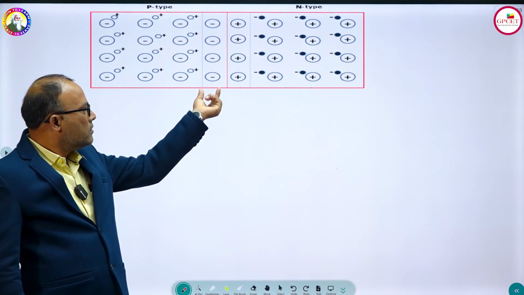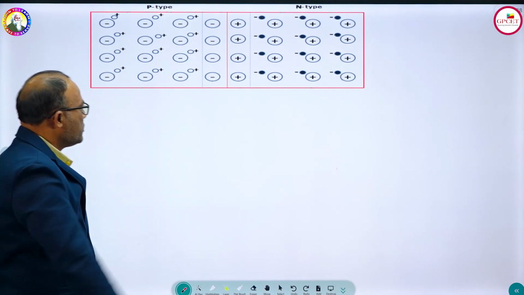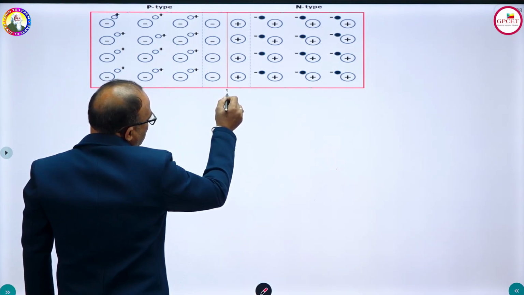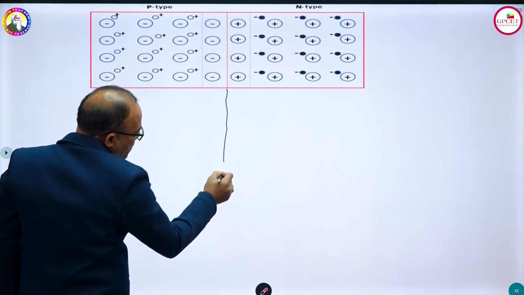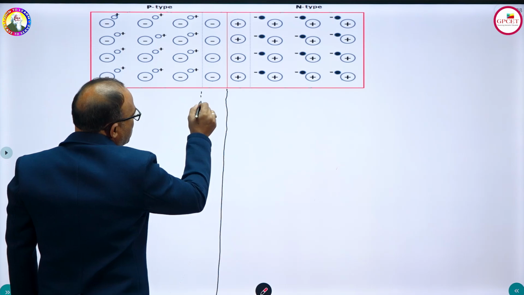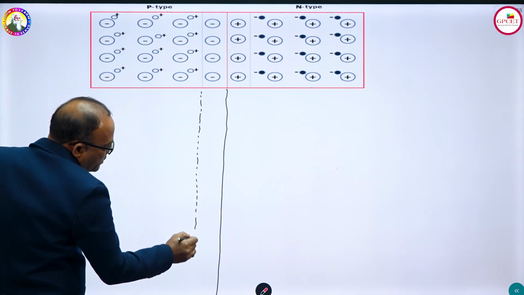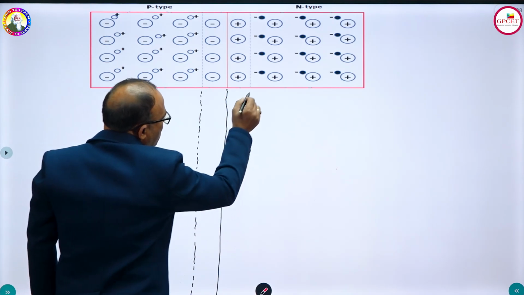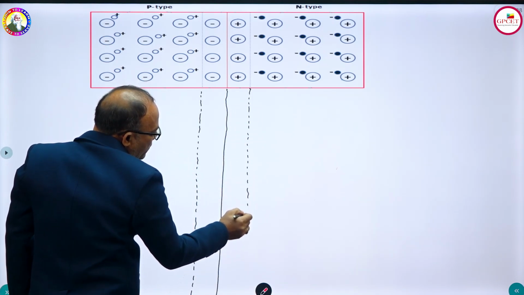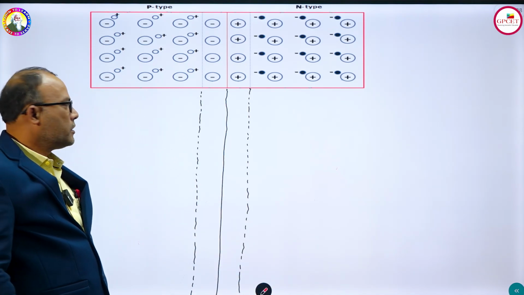This is a negative immobile charge, this is a positive immobile charge, and here various concepts come into existence. Let us learn all of them, which are very important for competitive exams.